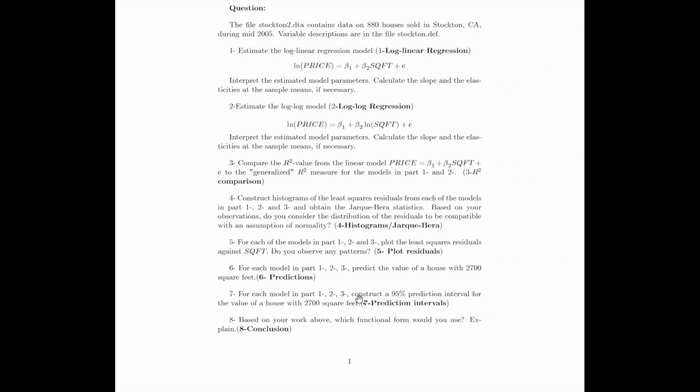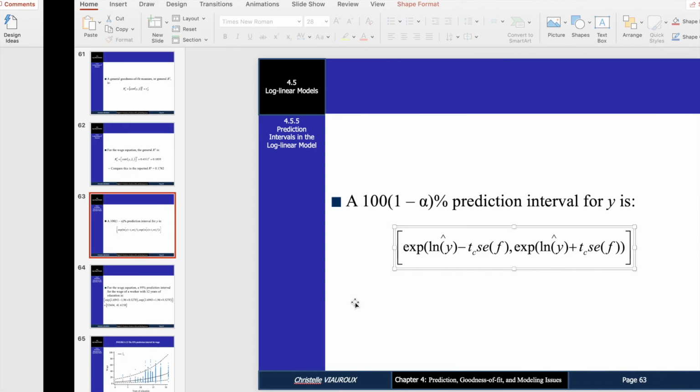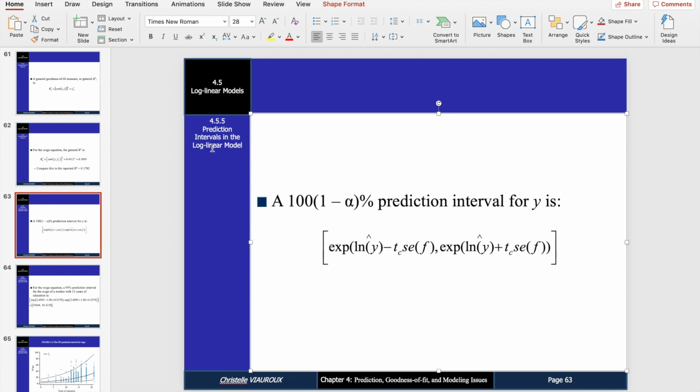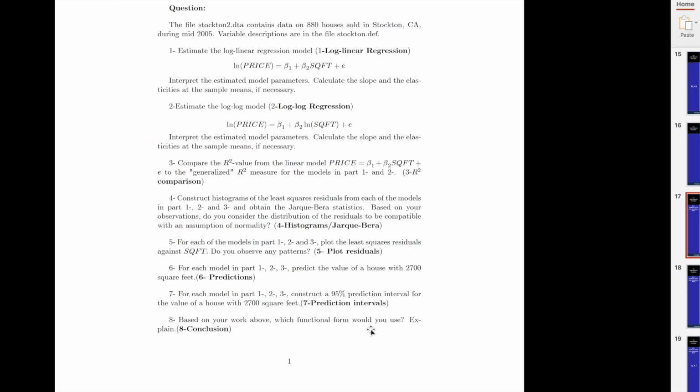The next part wants us to construct a 95% confidence interval for the value of a house with 2,700 square feet. Now, here we should remember that when we have a log on the left-hand side, our confidence interval is going to be done a little bit differently. We're going to predict the log of price and then take the exponent at the end.